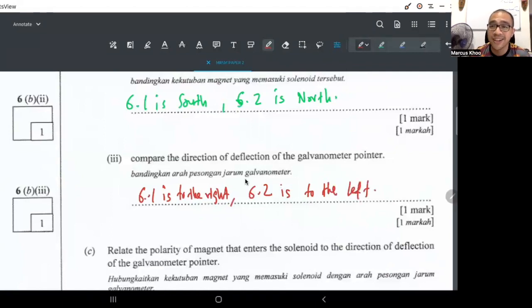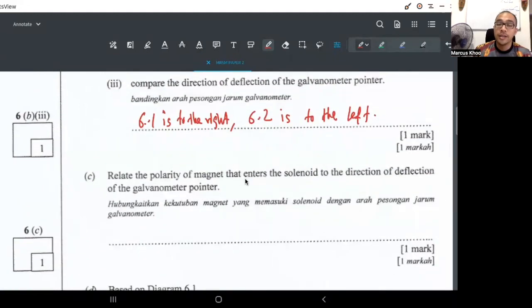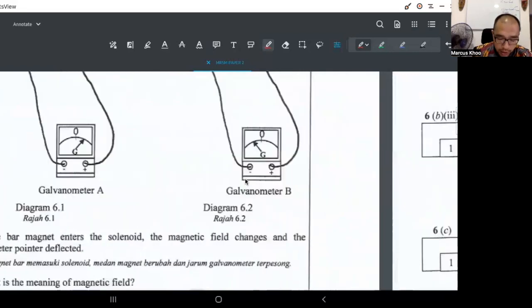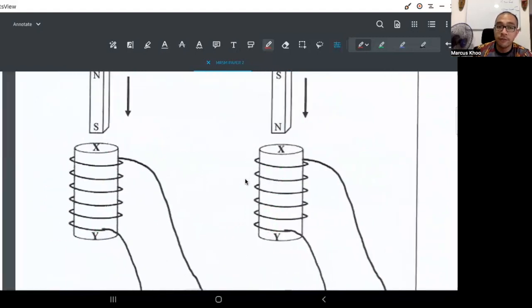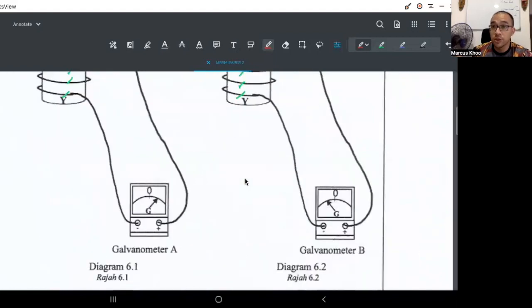Very interesting comparison. Now, this becomes even more difficult when we want to say relate, because relate is the bigger the something, so again, a special case being a relationship. Relate the polarity of the magnet that enters the solenoid to the direction of deflection of the galvanometer pointer. We find that if south is entering the solenoid, the deflection goes to the right.